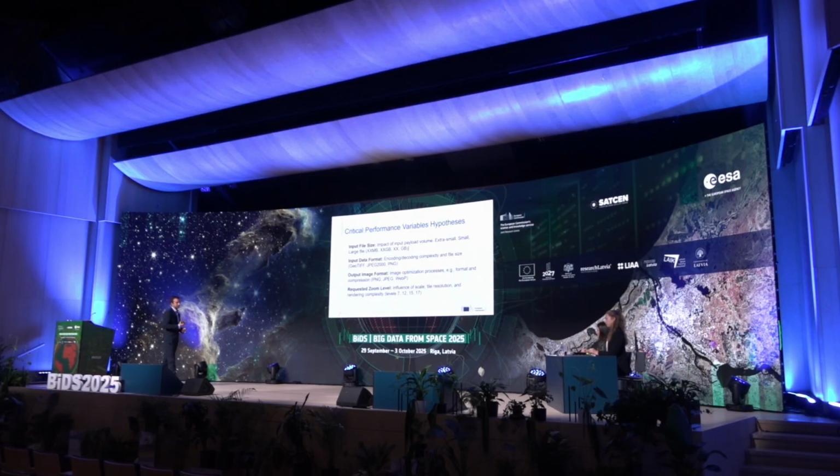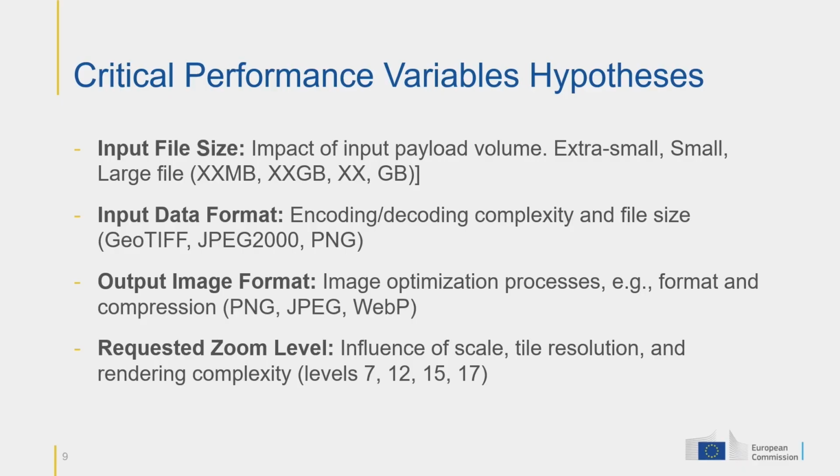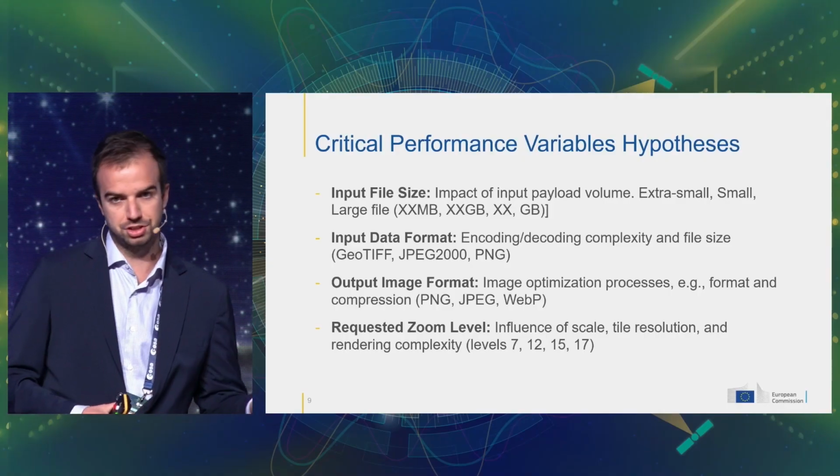So this is our hypothesis. We try to assess if these characteristics may be included in the future benchmark for this technology. The first one is the input file size. Does it matter to have a small or a terabyte geospatial dataset to handle? Does it matter if the format is a JPEG or a GeoTIFF?